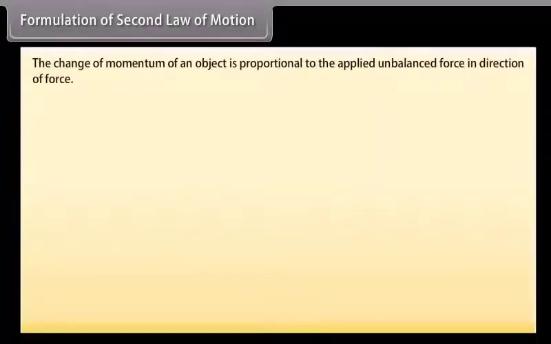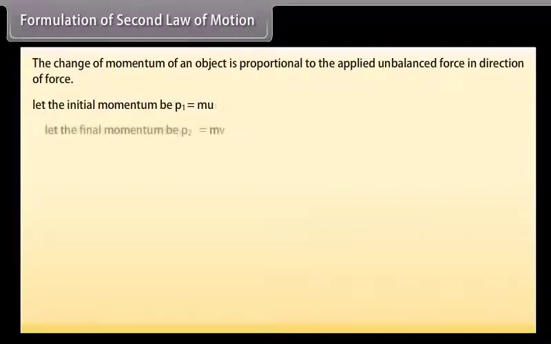Formulation of the second law of motion. The change of momentum of an object is proportional to the applied unbalanced force in the direction of the force. Let the initial momentum be P1, which is equal to mu. Let the final momentum be P2, which equals mv.